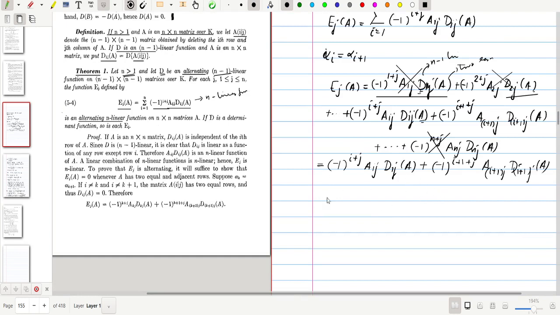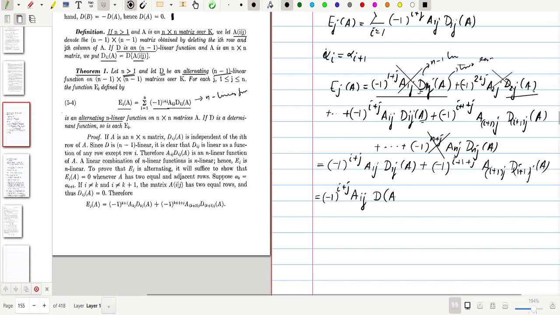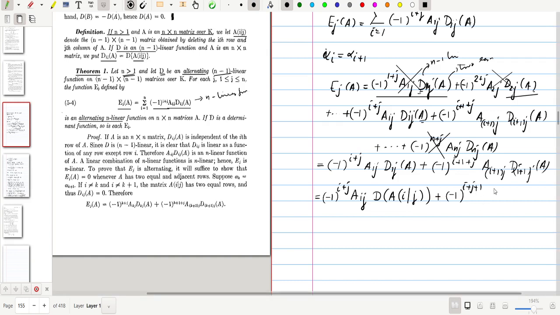This is the same as minus 1 to the power i plus j, a_ij, and d of A removing the ith row and jth column, that is A(i|j). The second term will be minus 1 to the power i plus j plus 1, a_(i+1)j, and this can be written as d of A(i+1|j).